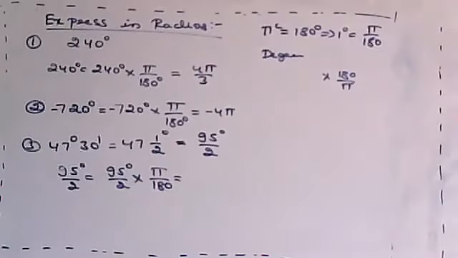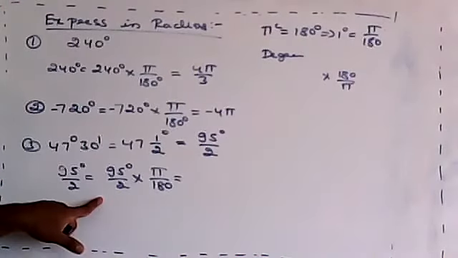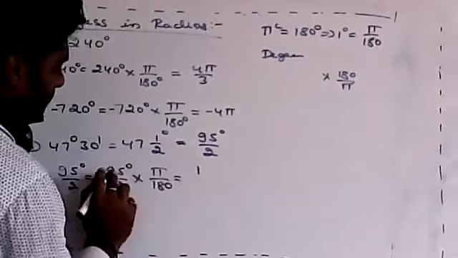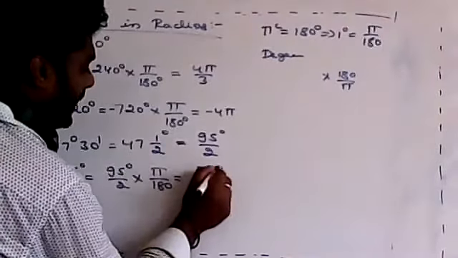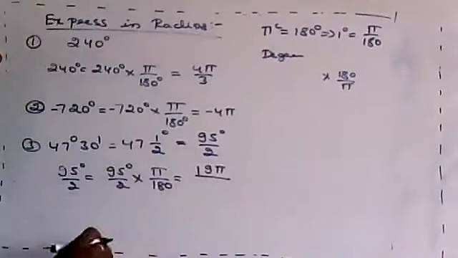What is the answer? What answer will we get if we simplify this one? Five ones are 5, nines are pi as it is, and here 5.